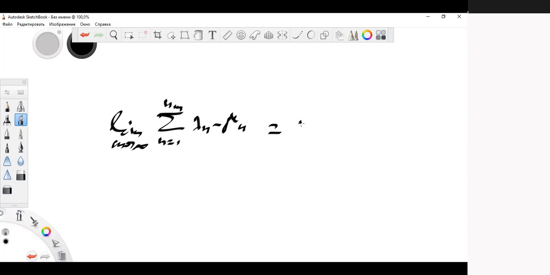That's why instead of a usual series, it is denoted by that symbol. That prime symbol means that a subsequence of partial sums of that series, lambda n minus mu n, converges.